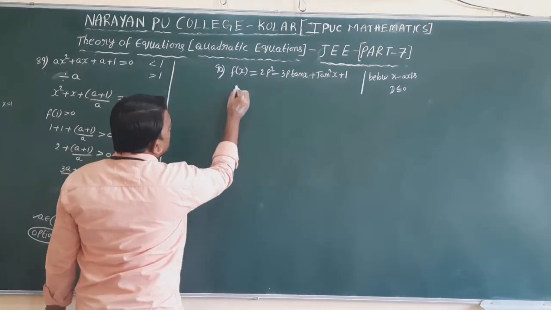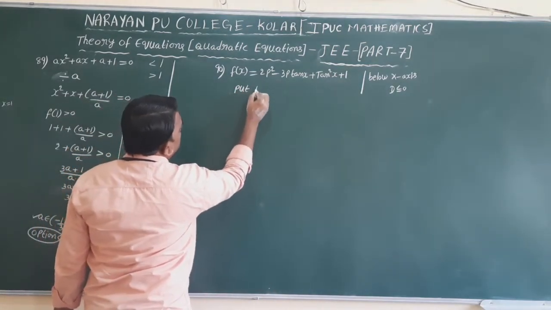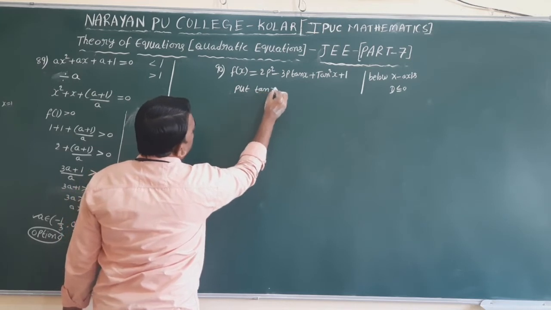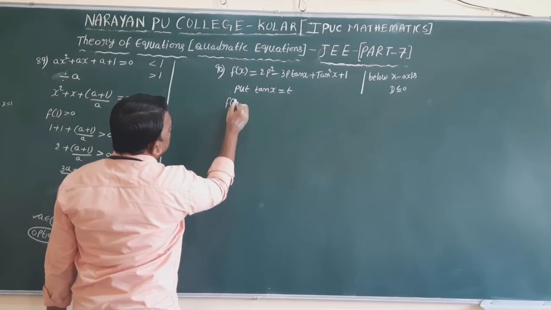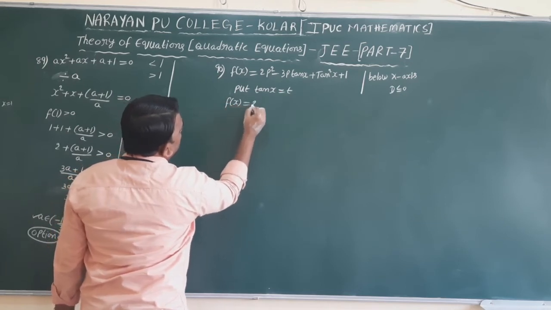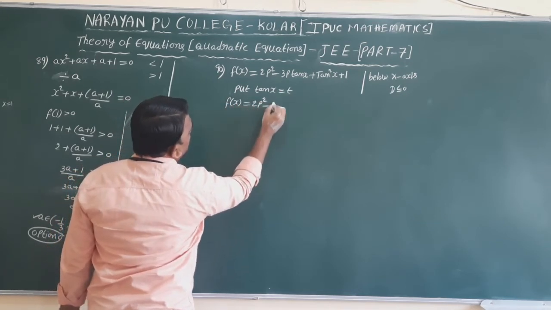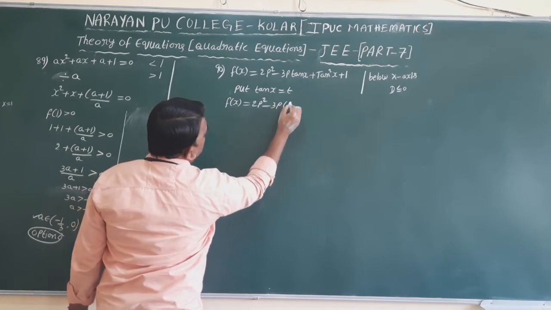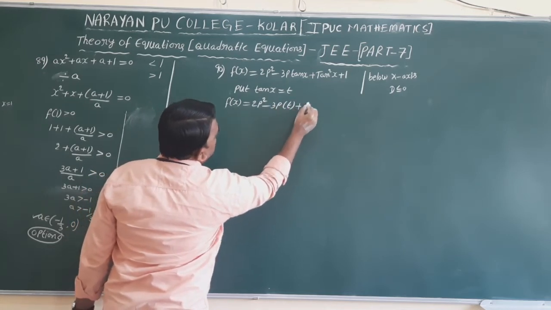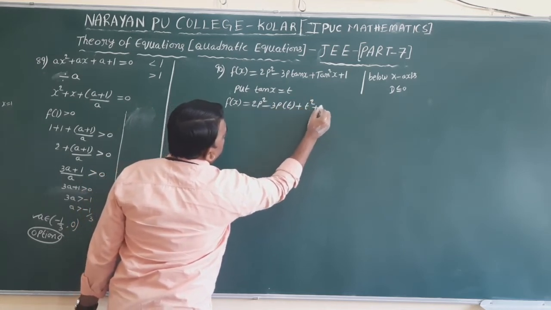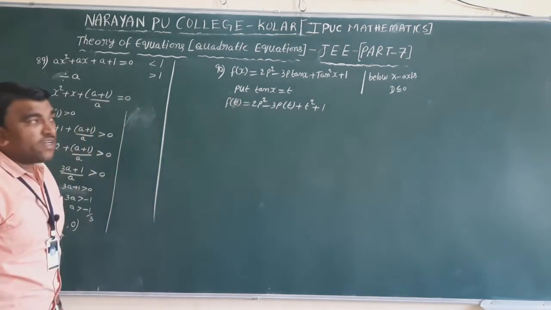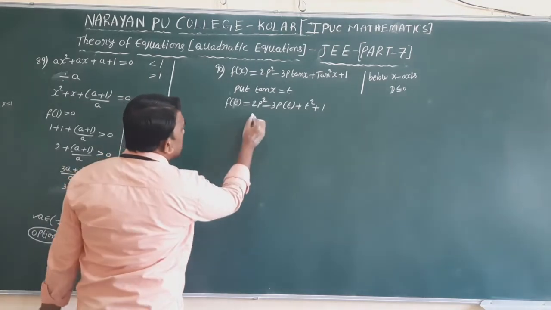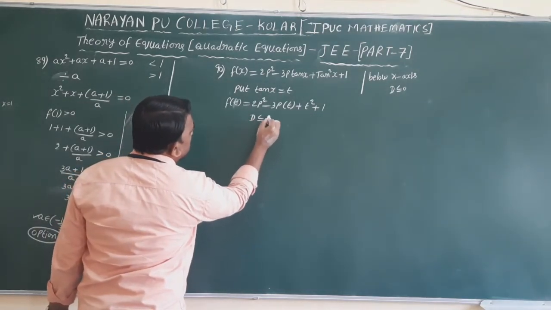So let us put tan x equal to t. So f of x equals 2p square minus 3pt plus t square plus 1. In terms of t, you can take f of t. Now below the x axis, discriminant value is less than or equal to 0.